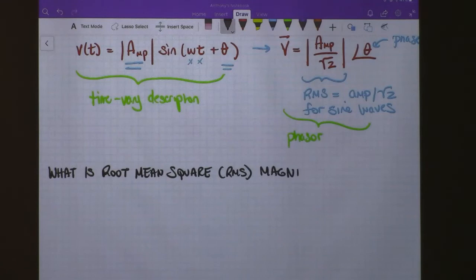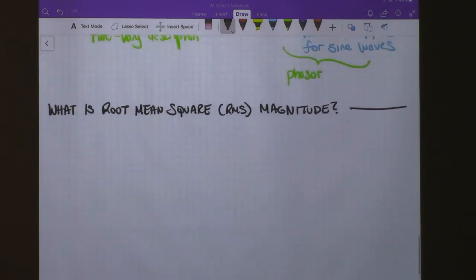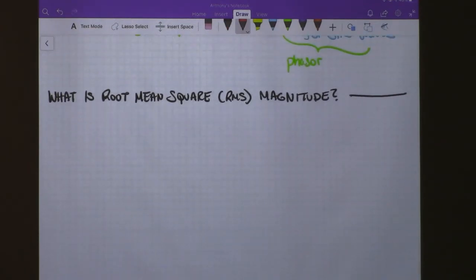Maybe I should just go ahead and get this out of the way. What is RMS? RMS is, the name does a very good job of describing exactly what it is. Root mean square.